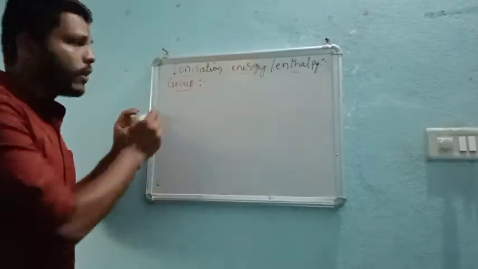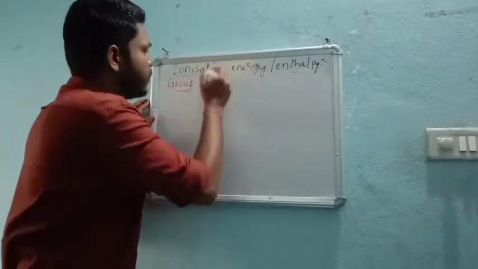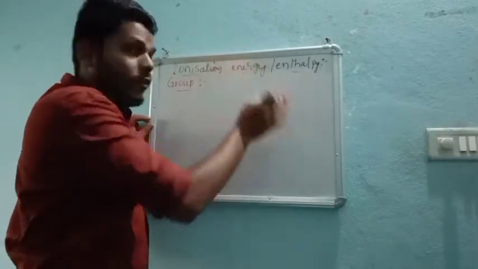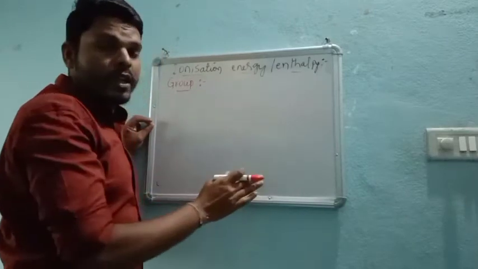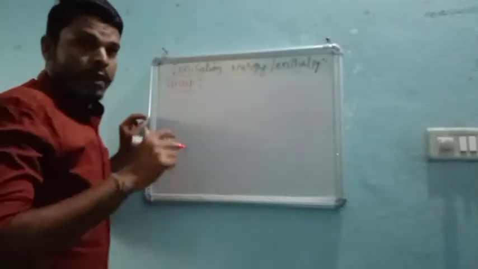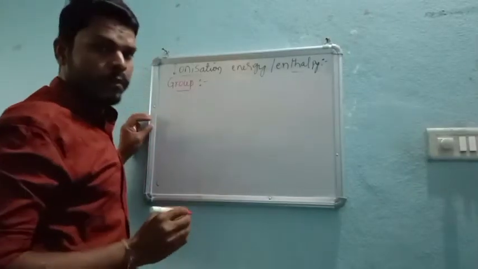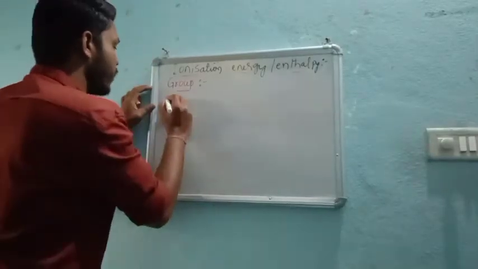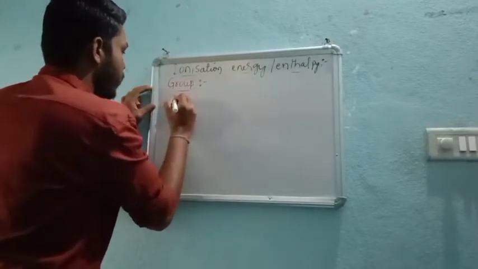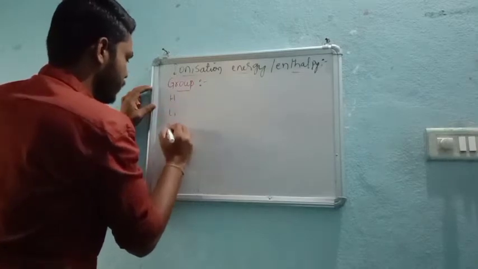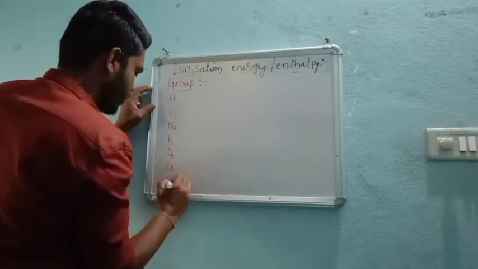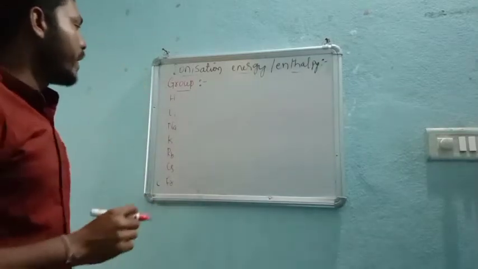So in a group, say for example, ionization energy, as we already know, is the amount of energy required to remove the outermost electron. Now in the group we can take hydrogen, lithium, sodium, potassium, rubidium, cesium, francium, right?